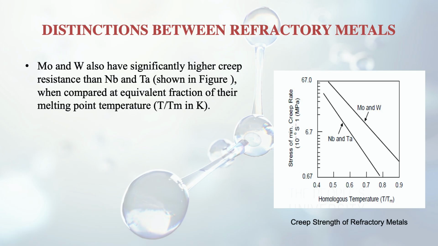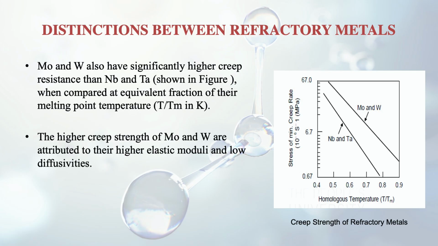That means the creep resistance is better for them. The higher creep resistance of molybdenum and tungsten is attributed to their higher elastic moduli and low diffusivities. Like we saw earlier in this session, Mo and W have higher elastic moduli than Ta and Nb.